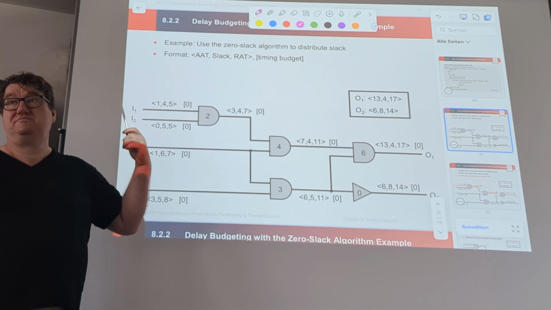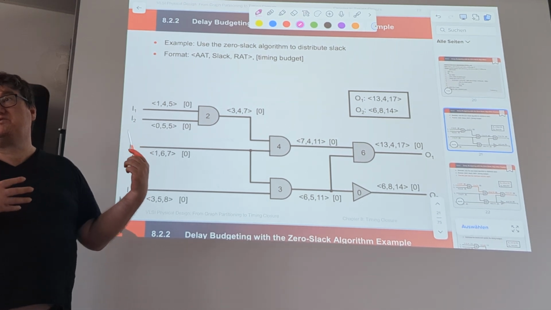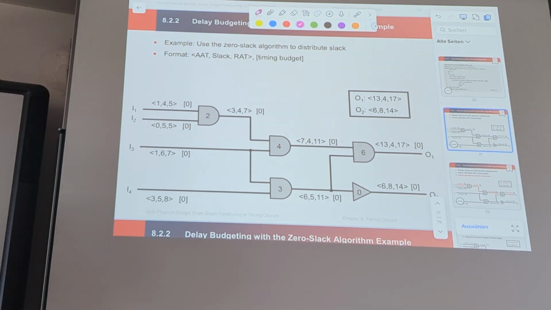Is there a way? That's the zero slack algorithm, with the idea to assign a timing budget to every wire or every gate, so that we know we can move this gate this far until we end up in a timing violation. But we'll not do this today.